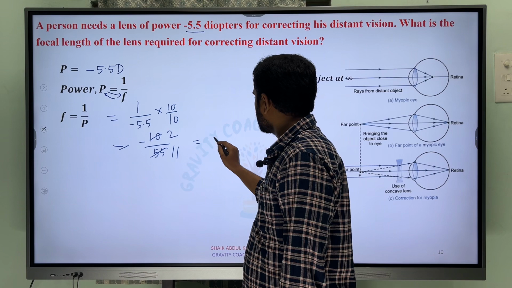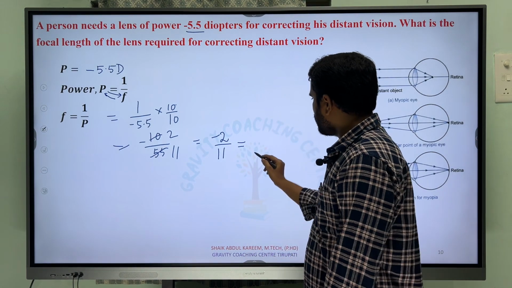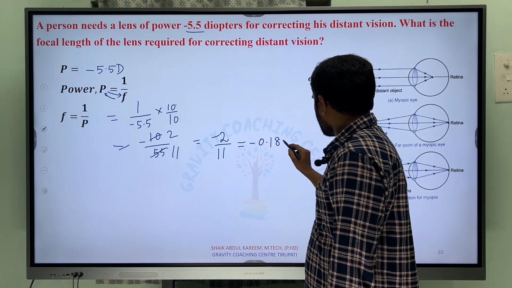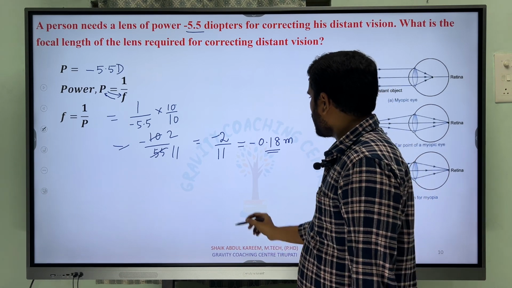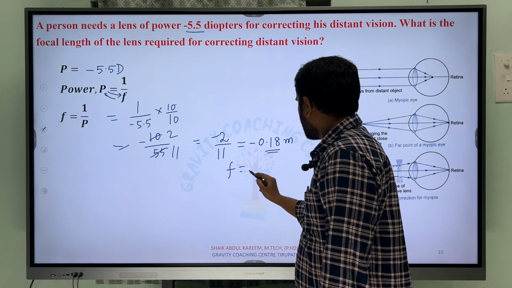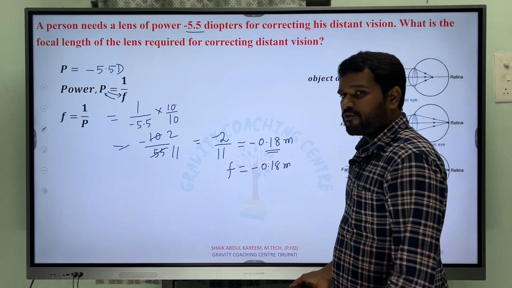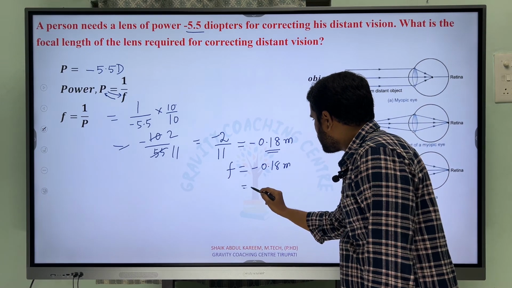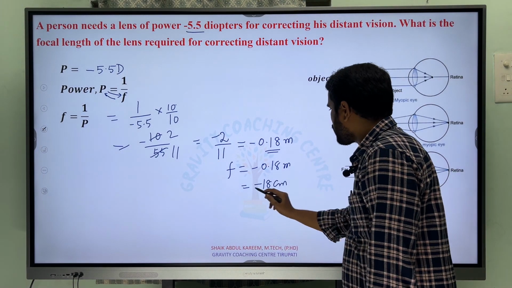So minus 2 by 11, which is equal to minus 0.18 meters. Focal length is minus 0.18 meters. Or if you want to convert this into centimeters, multiply this by 100. You will get minus 18 centimeters. It is approximate. Okay.